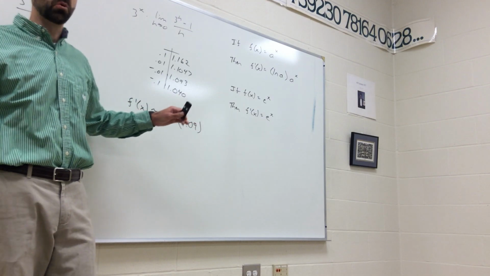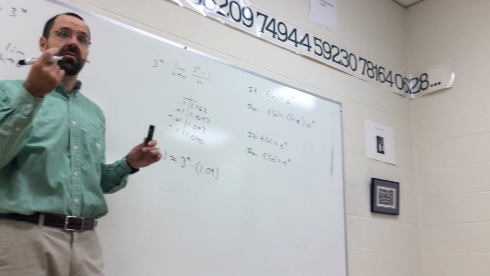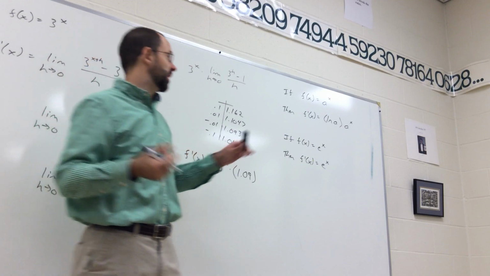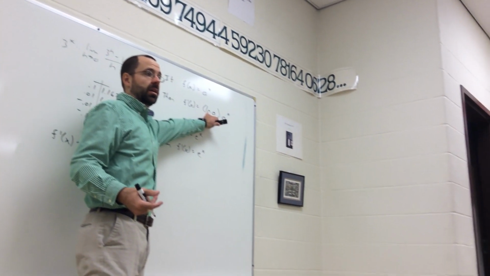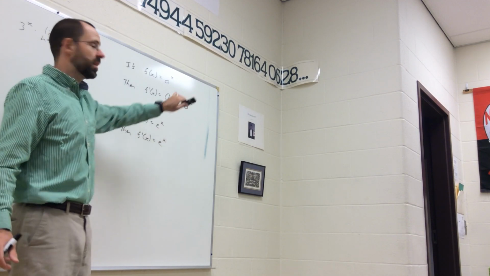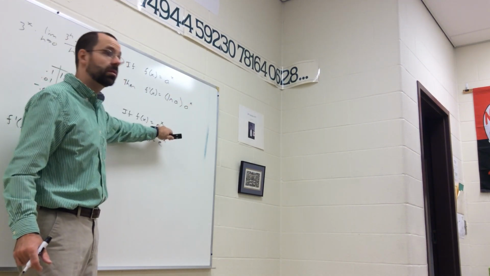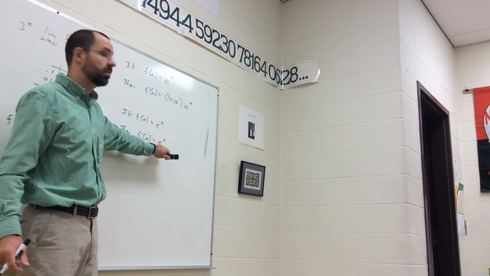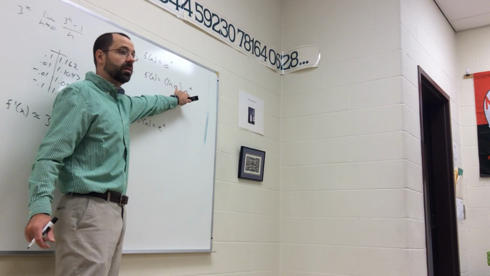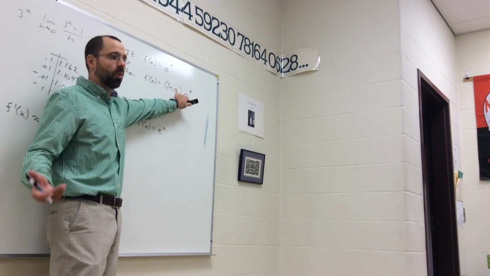Okay, so now we know the shortcut for how to take the derivative of a number to a letter. What you do is you take the natural log of the number, and then you just times by the number to the letter. Does that work for this one? What's the natural log of e? It's 1.